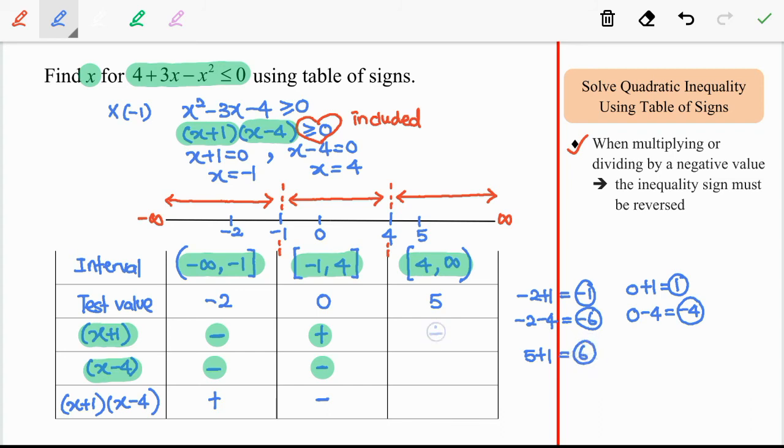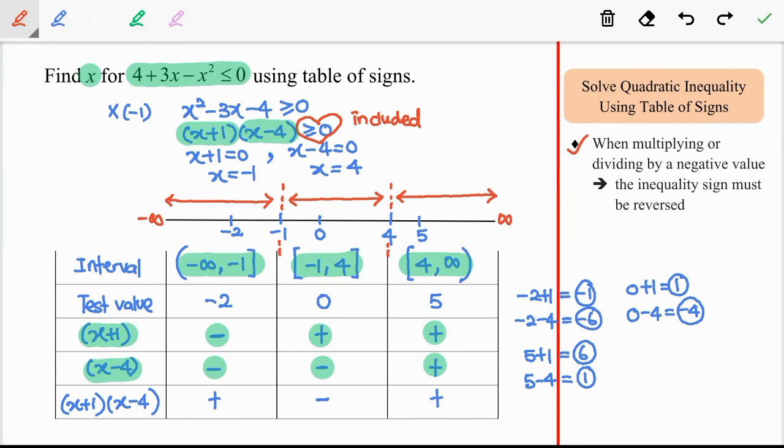So we put here a positive sign. How about factor x minus 4? So we have 5 minus 4 equals 1. This is a positive value, so we put a positive sign over here. So when we multiply these two factors, we get positive times positive is positive.